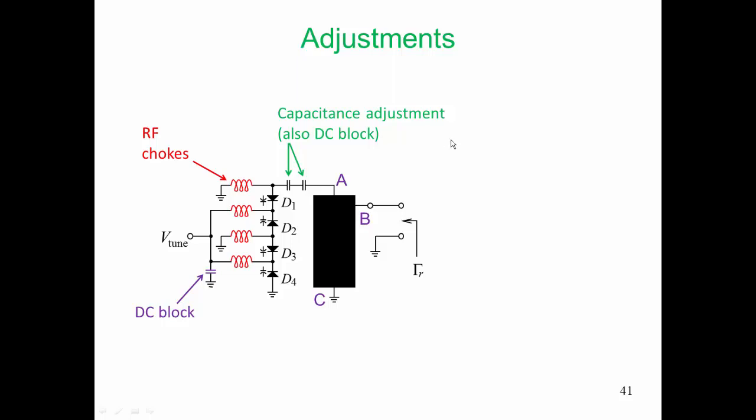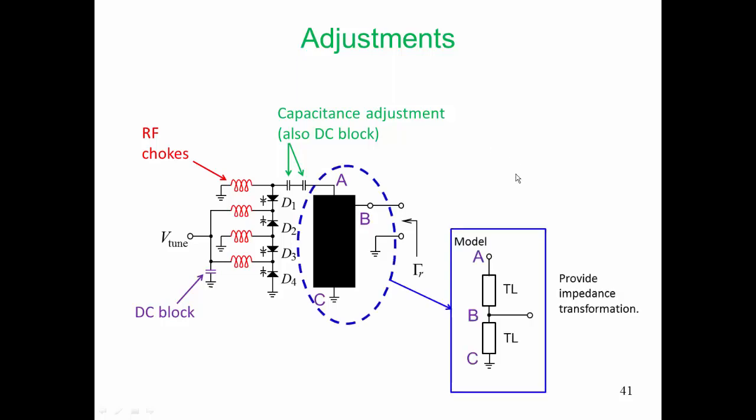We have a transmission line, and that transmission line can be modeled as two lines. Now that transmission line, this wide, low impedance microstrip line, is called a tapped microstrip line. And it can be modeled as two transmission lines. So we go from point A to point B using one transmission line model.